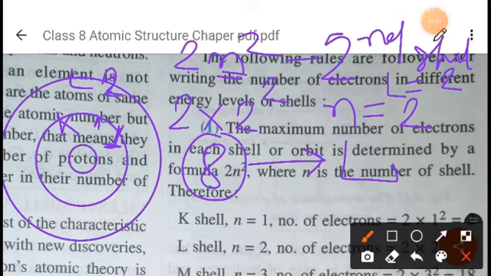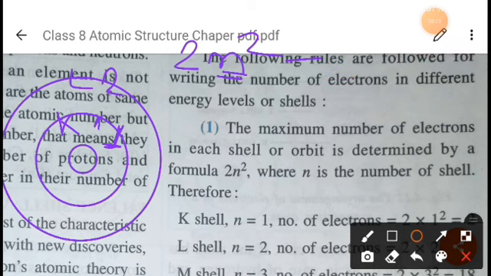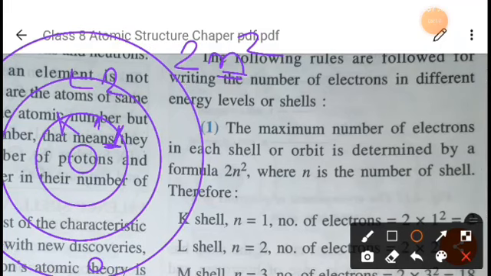So I hope you are understanding this now. Next, when we're talking about the M shell, let me draw here the M shell. Suppose this is the M shell here, right? This is our M shell, okay. M shell means number 3, the orbit number is 3, right?